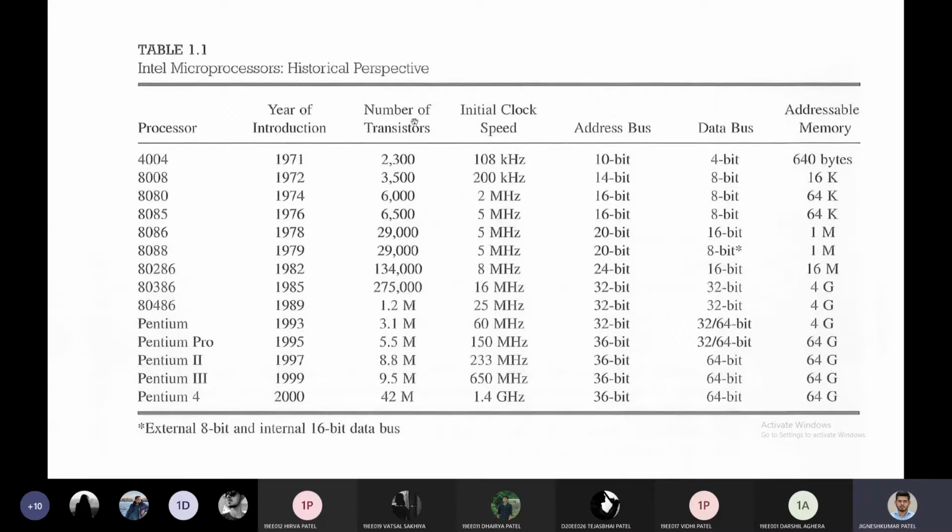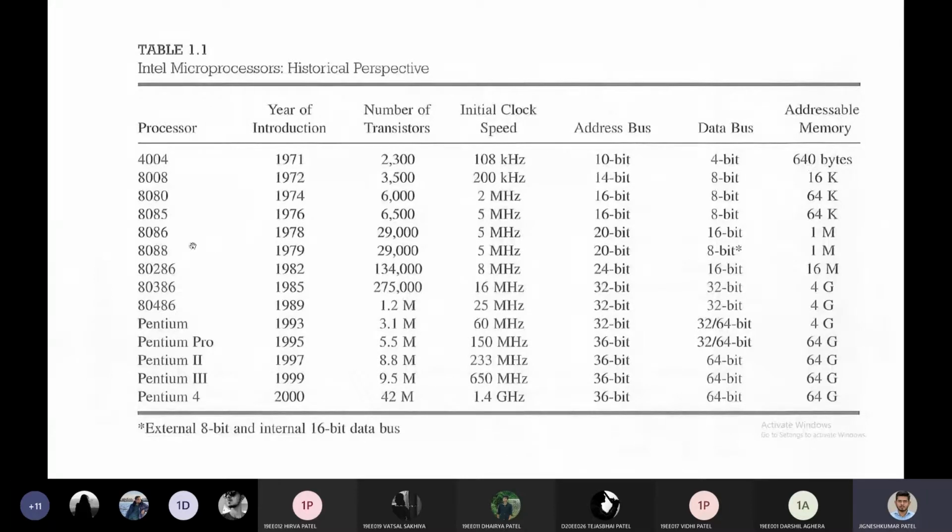The number of transistors inside this processor was 2300, and the operating frequency was 108 kilohertz, with a 10-bit address bus and a 4-bit data bus. So basically this is a 4-bit processor, and it can only have 640 bytes of memory. This is very little.